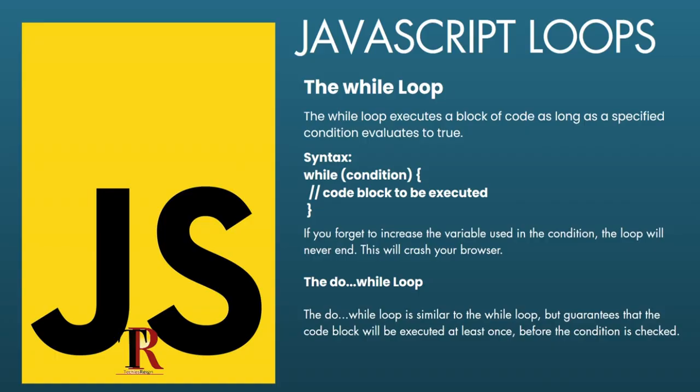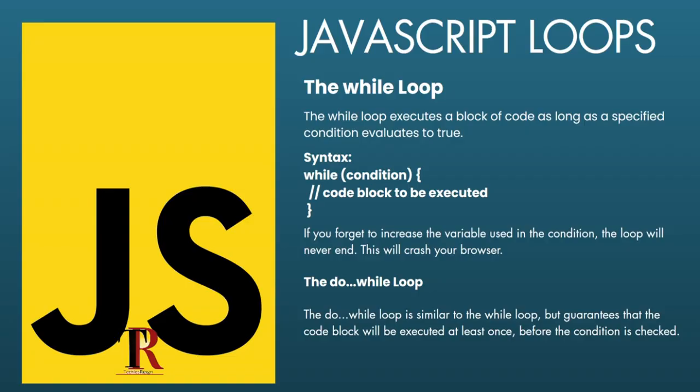But the do while loop guarantees that the code block will be executed at least once before the condition is checked, which means that even if the condition in the do while loop is wrong, it will still execute that code block once, before the condition set for it is checked.